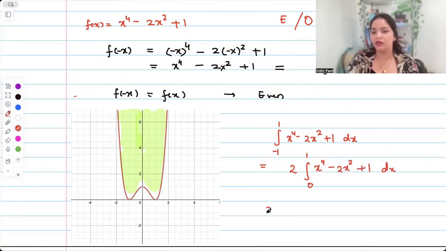And hence it is just twice of x to the power 5 by 5 minus 2x cubed by 3 plus x from 0 to 1.